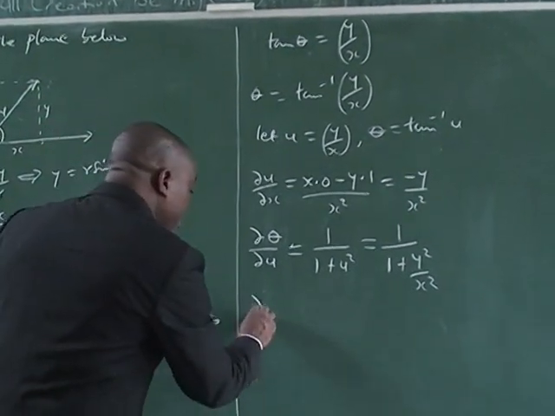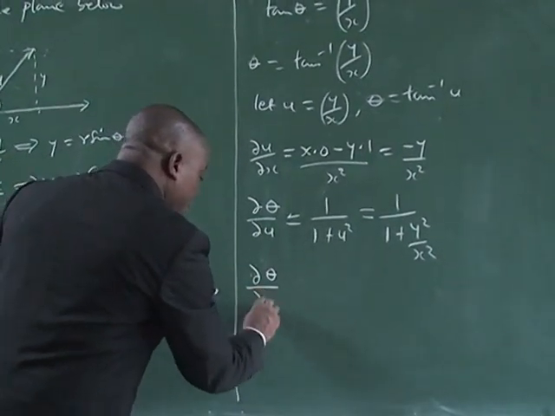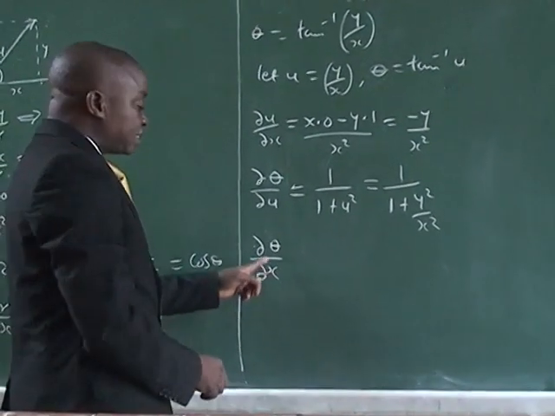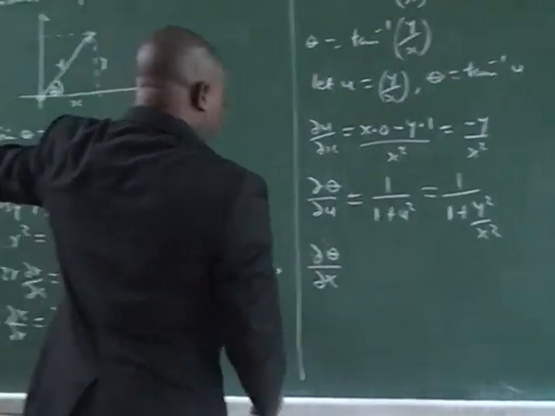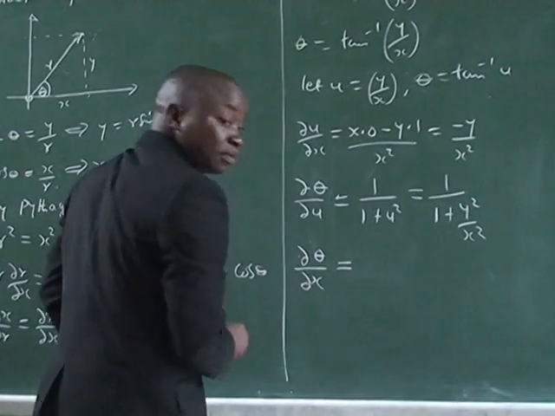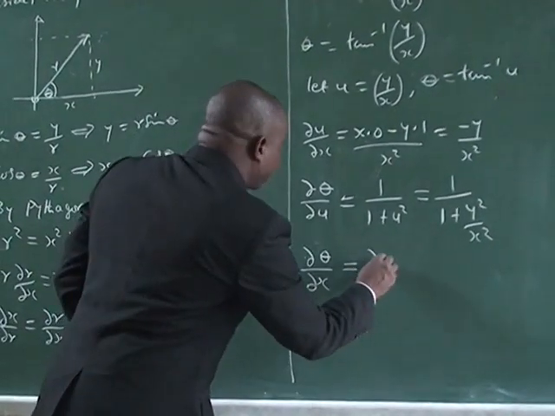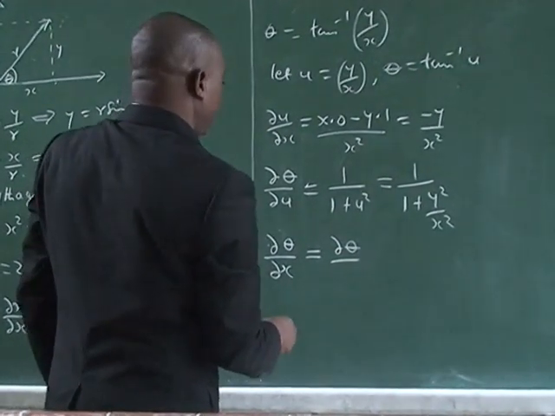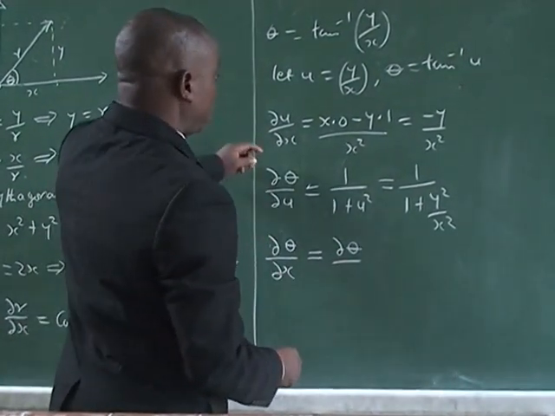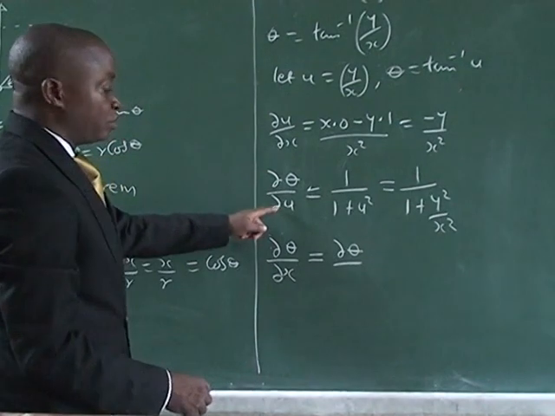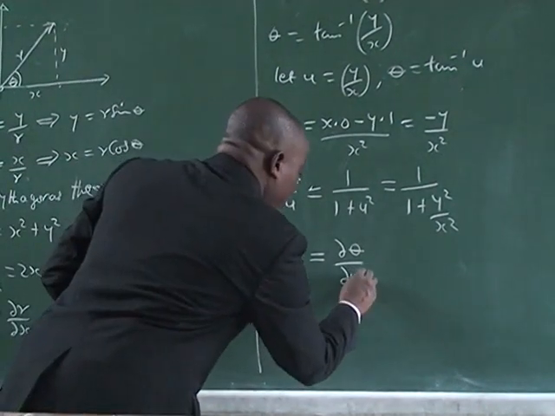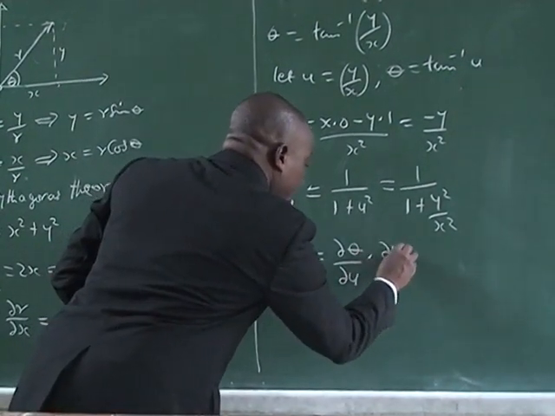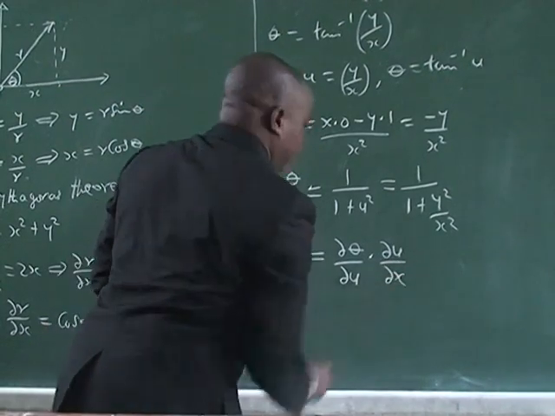Then what we need is partial theta over partial x, which you need from the question. It will be the same as partial theta over partial u times partial u over partial x.